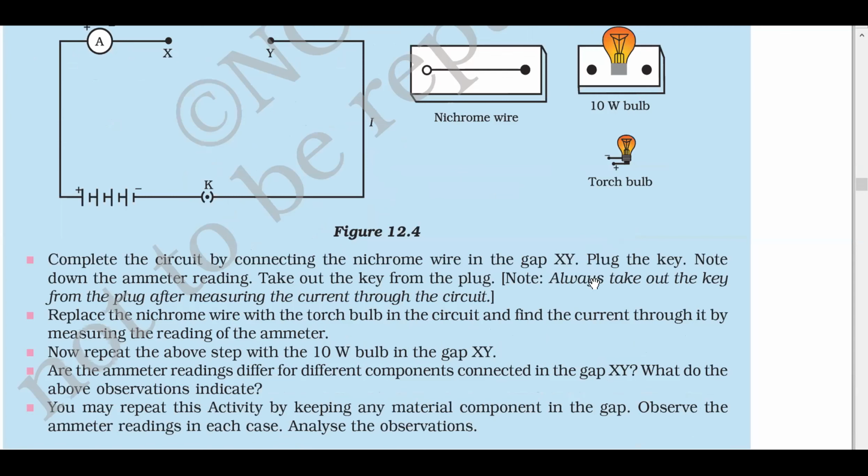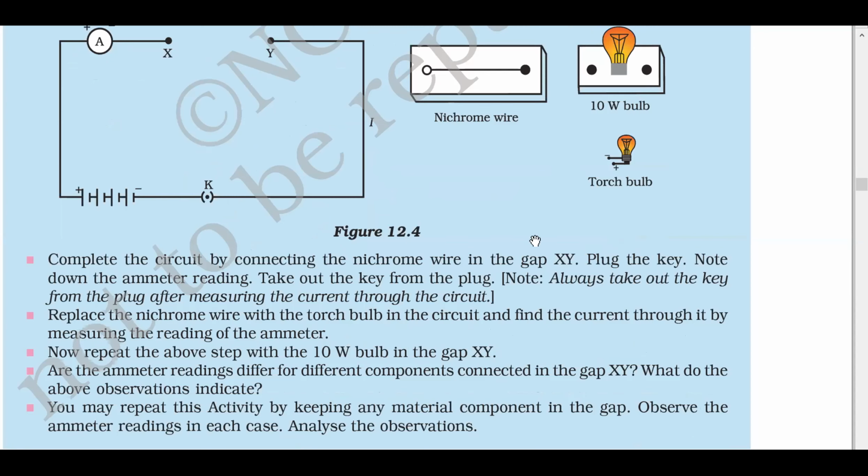What is the reason? Because each conductor or each substance offers different resistance to the flow of current. They will not offer equal resistance. Therefore the ammeter will show different readings for different components.